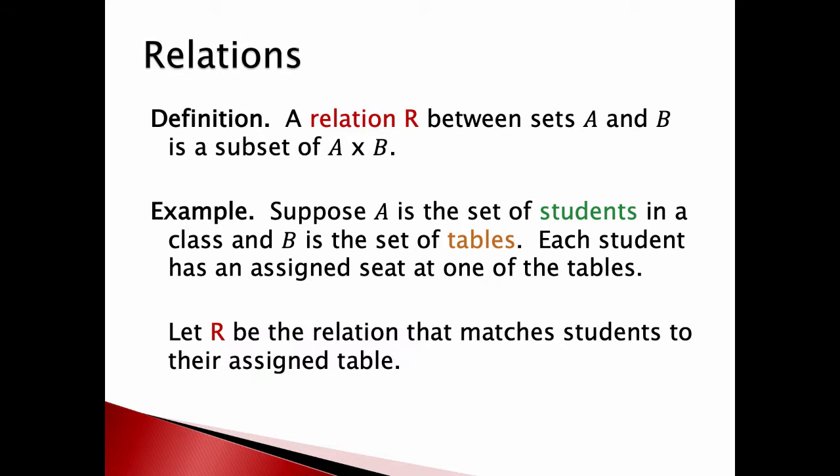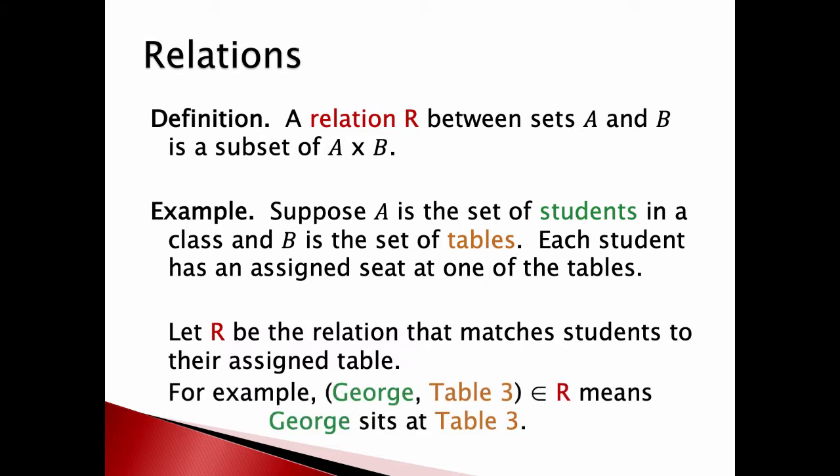B is the set of all tables. A cross B would be the set of ordered pairs, where you have a student in the first slot, a table in the second spot. And that would be all possible combinations of those would make up A cross B. R would just be the subset of that actually matches reality. In other words, that actually contains students with the table they sit at.